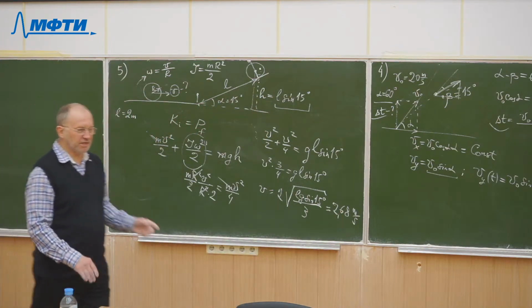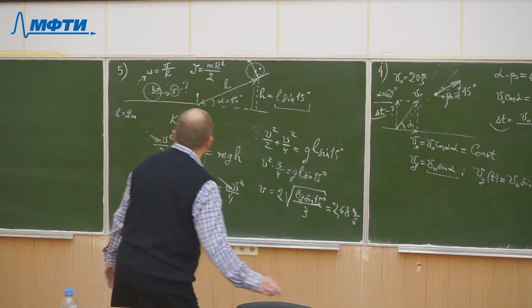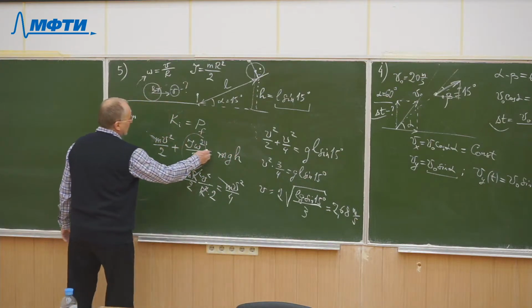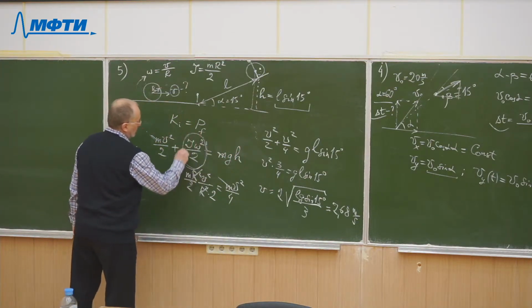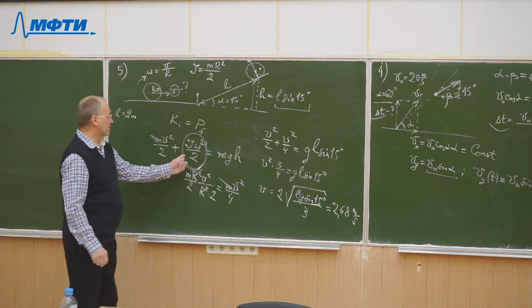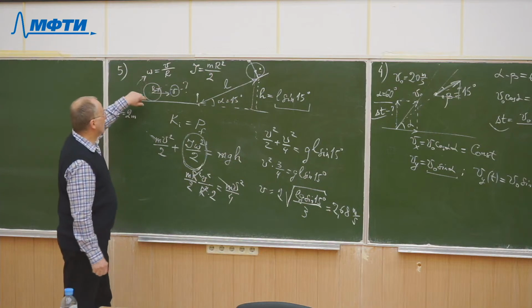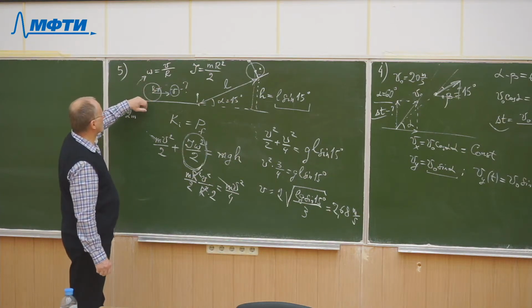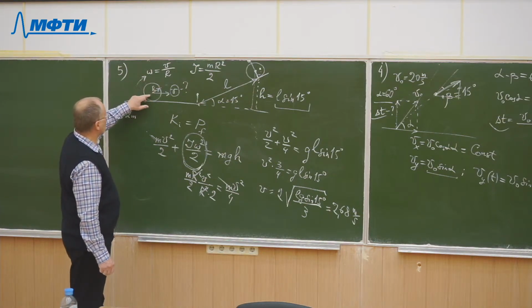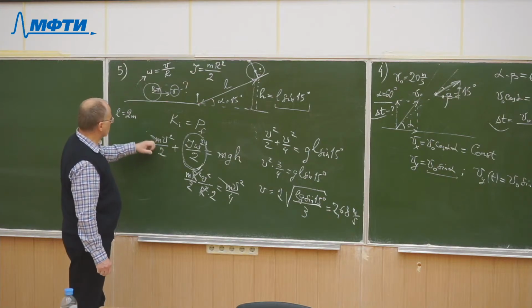So what was the mistake of many students? They did not take into account this term, which reflects the rotational energy. The total energy cannot be reduced only to the kinetic energy of the moving body.